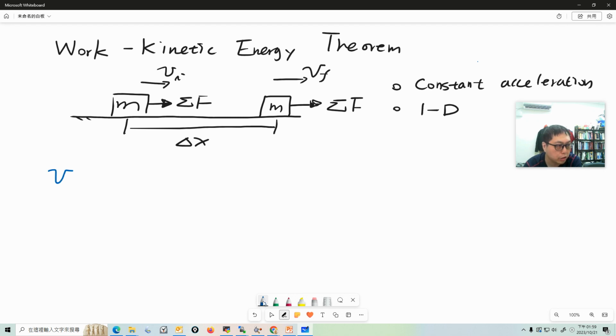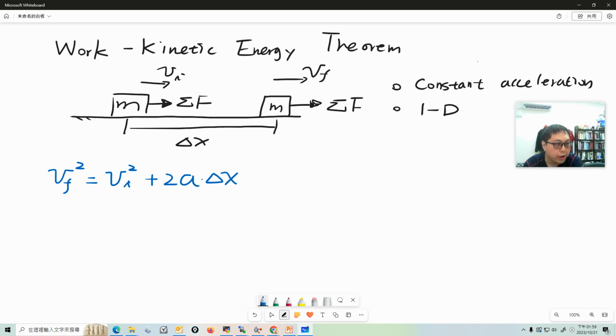I rarely use this equation, I like the other two, but using this equation we can prove the work kinetic energy theorem very quickly. It's Vf squared equals Vi squared plus 2 times acceleration times delta x.